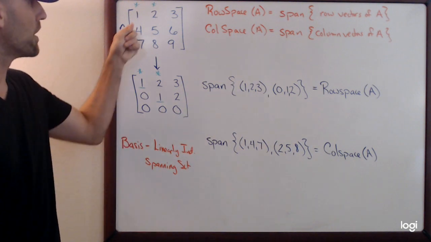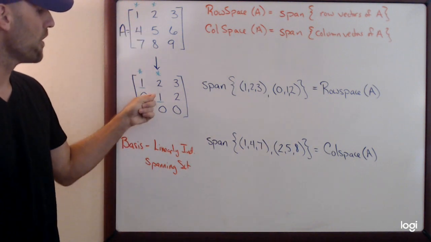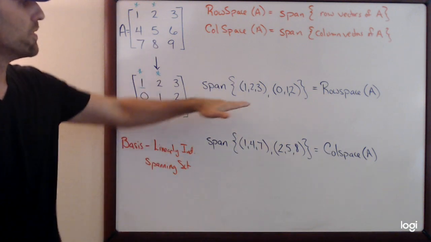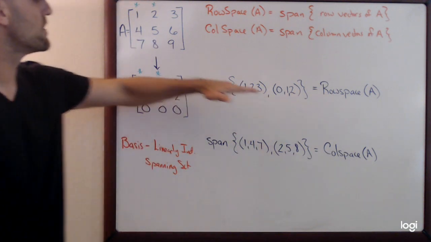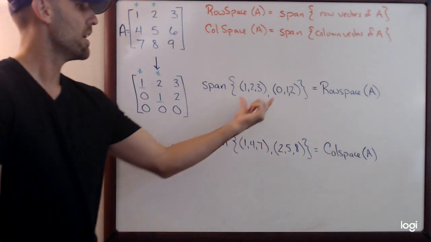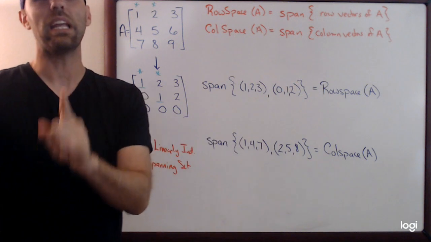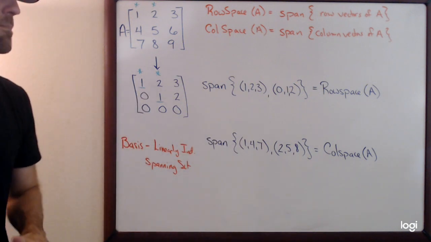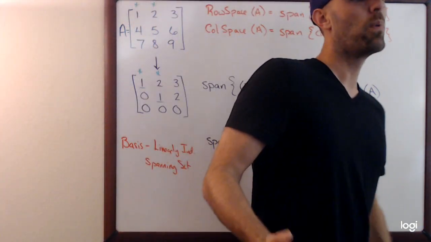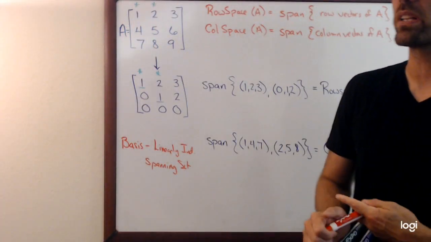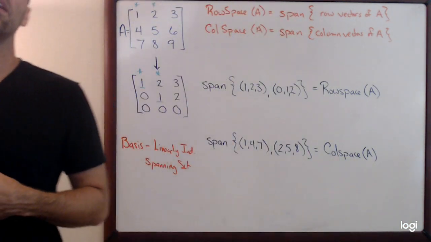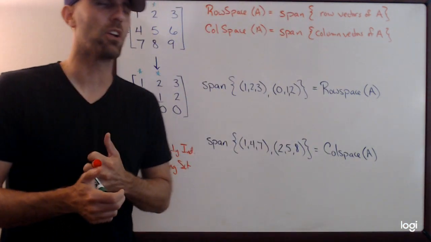I know that because if I put them into row echelon form, the rank here is less than the number of vectors. So the span of this is the same thing as the span of all three of these vectors together. The difference is these two are linearly independent. Now, why do we care about this? We don't necessarily from a strictly being correct standpoint.